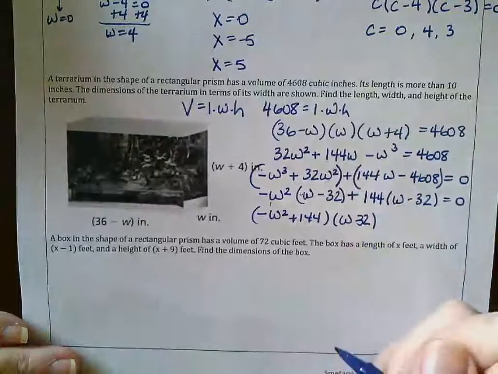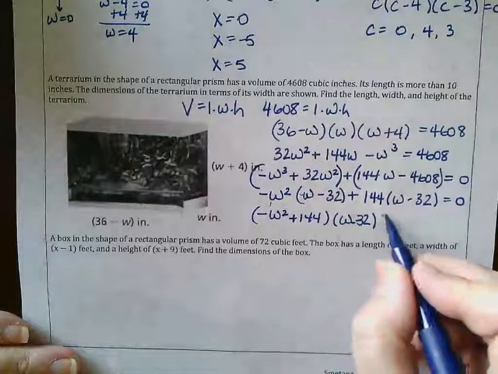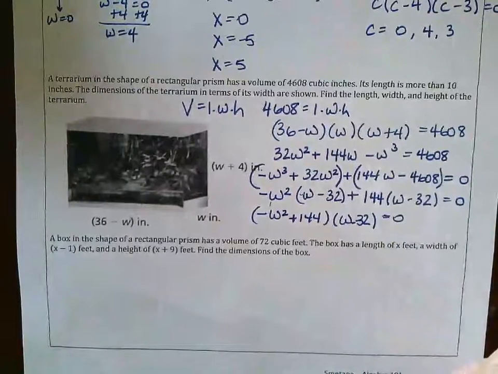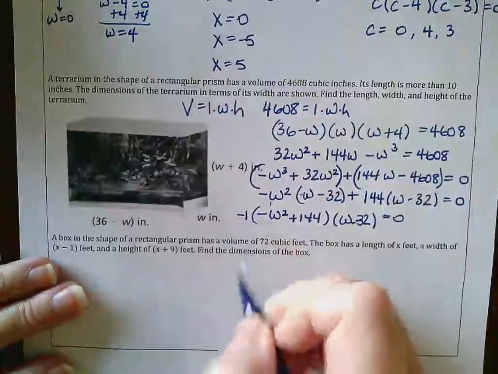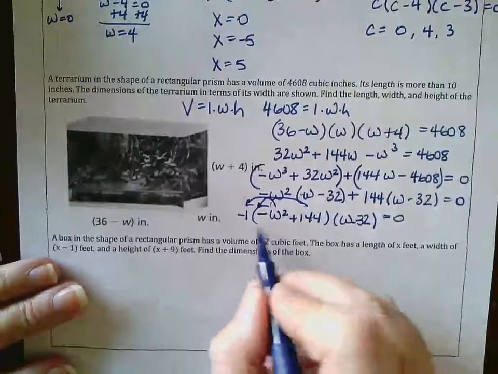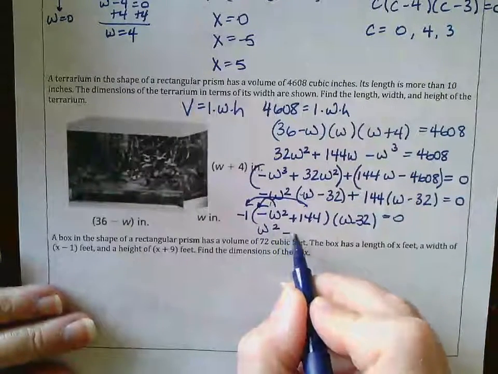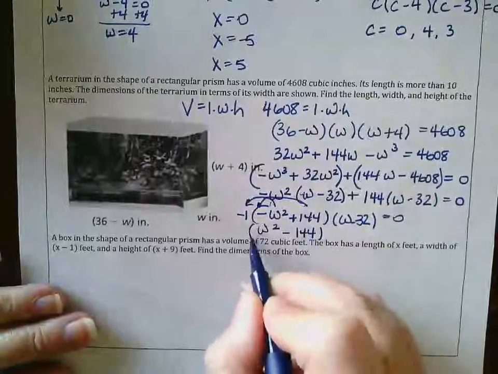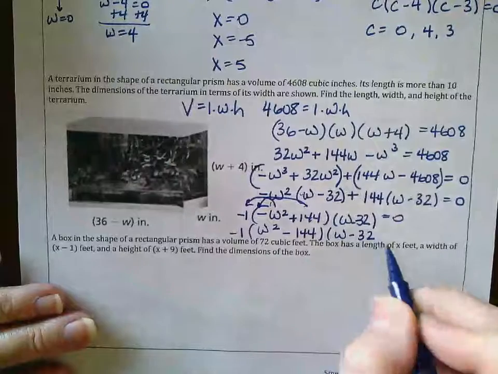Sorry, 32. There's a minus sign in there. You can't see it now. Equals 0. So if I pull a negative out again, it leaves me with w squared minus 144 and w minus 32.